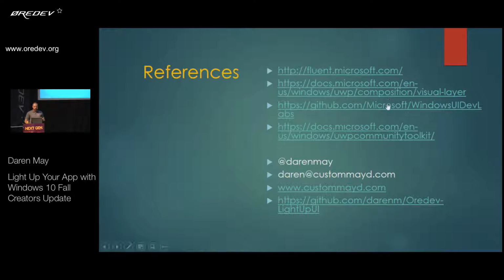We're making those changes. The Windows UI Dev Labs is the composition team and their reference application that shows how to use every facet of the composition system. Then there's the UWP Community Toolkit. This is a very comprehensive library of capabilities that are out there right now.